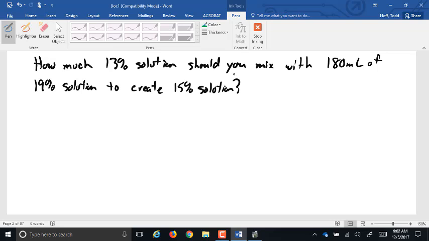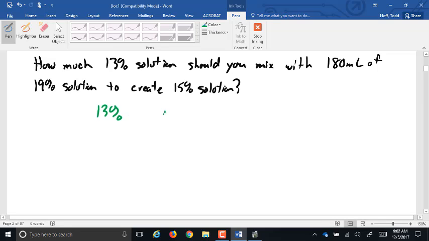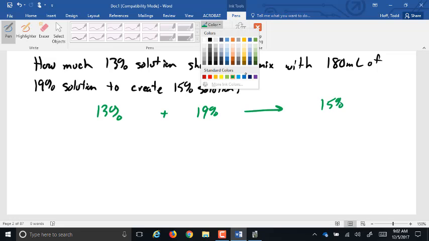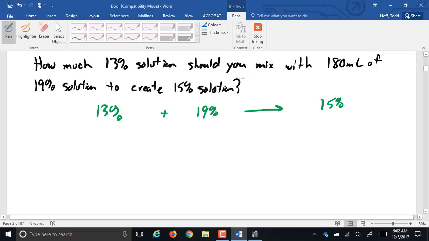What percents are we combining here? We're combining the 13% and the 19%. And we want to get 15%. Very good. Now, how much of the 13% do we have? That's what we're looking for.